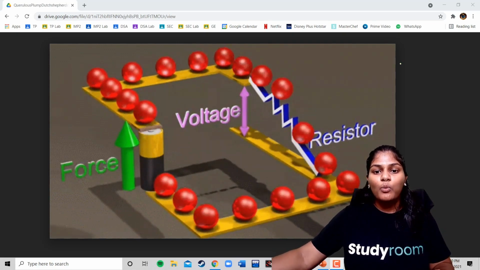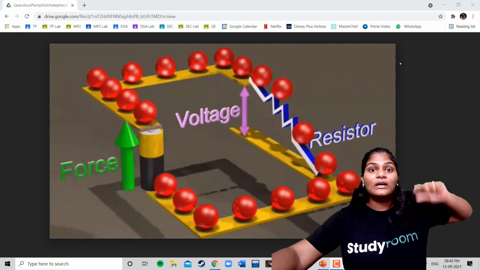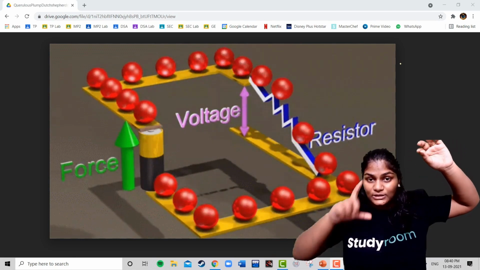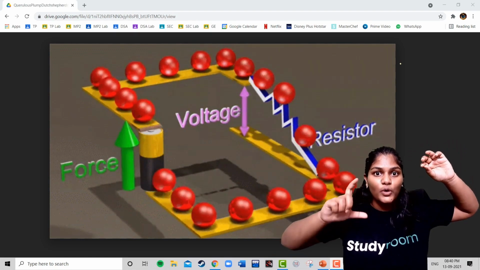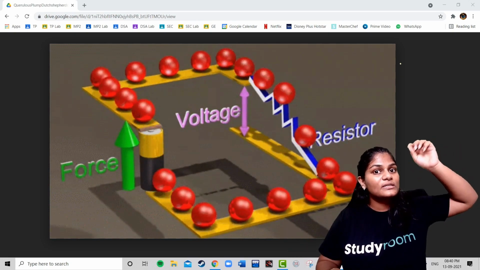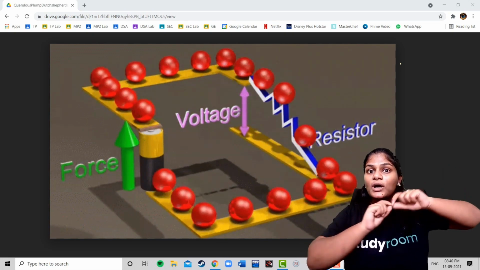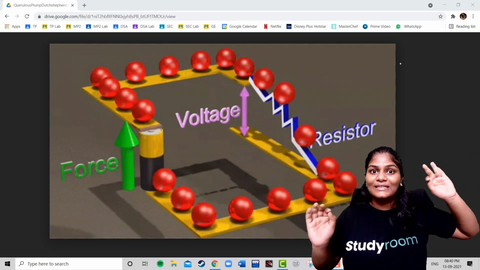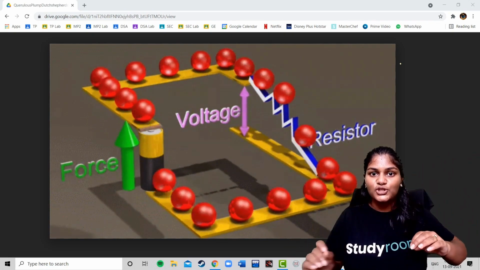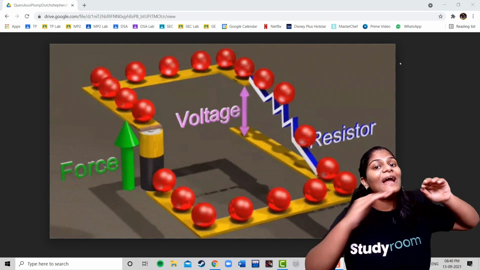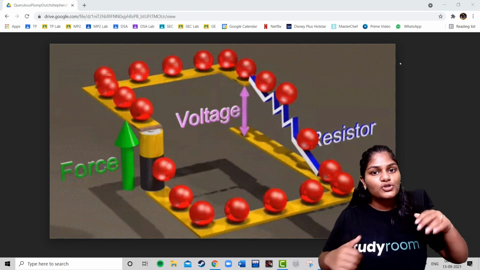That means one end of the resistor is at a higher voltage, you can see that arrow tells you voltage, and the other end is at a lower voltage. So is there a potential difference? Yes, because there is a difference in the voltage. That is why current flows through the circuit.